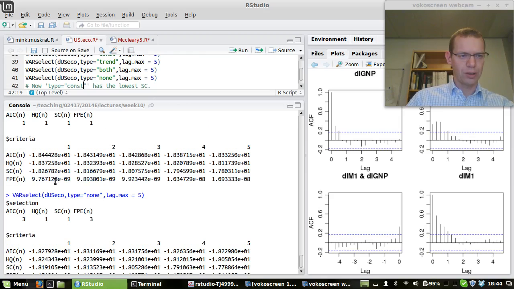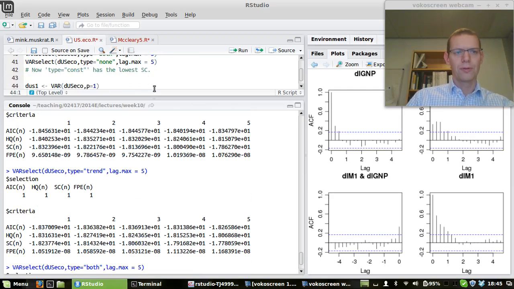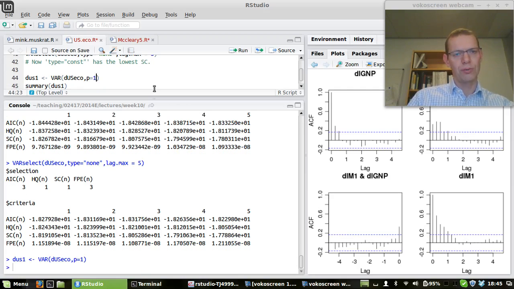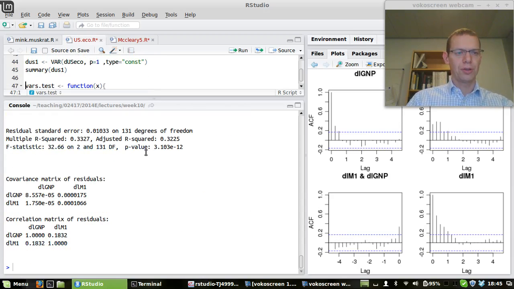Let's just double check it. 1.82 and 1.83, yeah, so constant is best. Constant is the default, so we don't actually have to write anything. We could add, just for clarification, type equals constant. Let's look at a summary of this model.